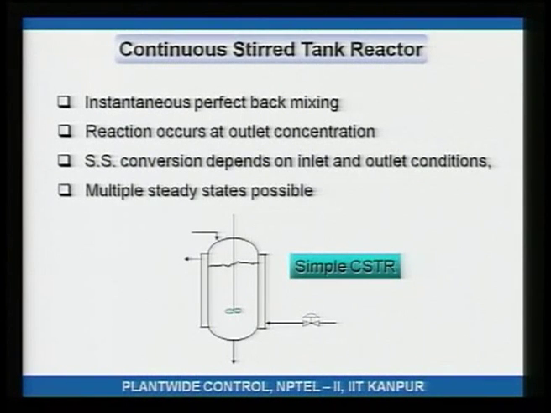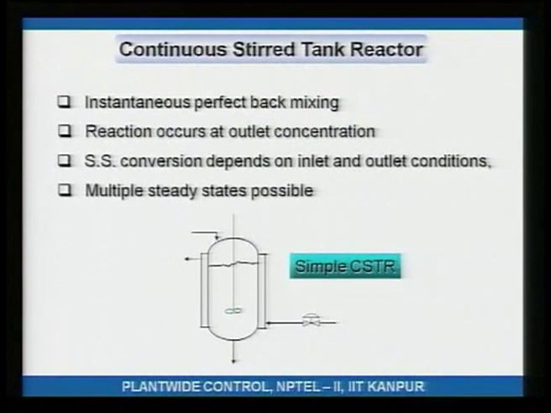If you write a material and energy balance around the reactor, what you will find is that the steady state conversion depends on both the inlet and the exit conditions. It is because of this that there is the possibility of multiple steady states. Note that in a plug flow reactor, given the inlet condition, you just integrate over the length of the reactor and you get the outlet condition.